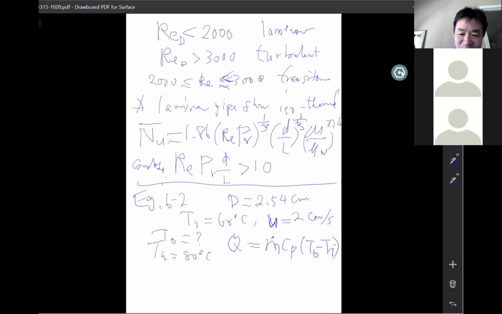Okay, so when you look at this equation, what is your unknown? What is your goal for this problem? Find T out. T out is in my equation, okay? So that's good. I'm happy because now I put down the equation.